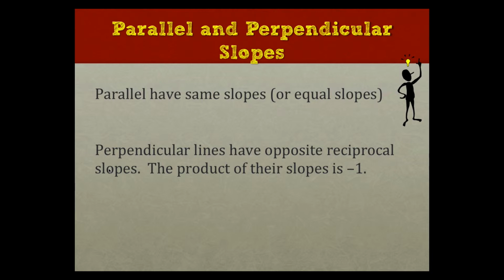If I give you the slope of two lines and you need to determine if they are perpendicular, one method you might use is this. Multiply the two slopes together. If the lines are perpendicular, then the product will be -1. If it's not -1, then they're not perpendicular.